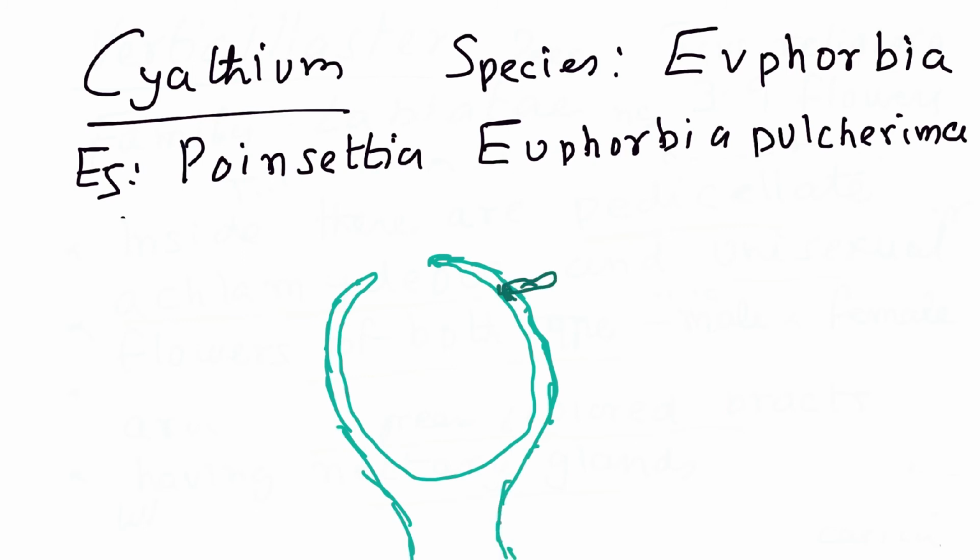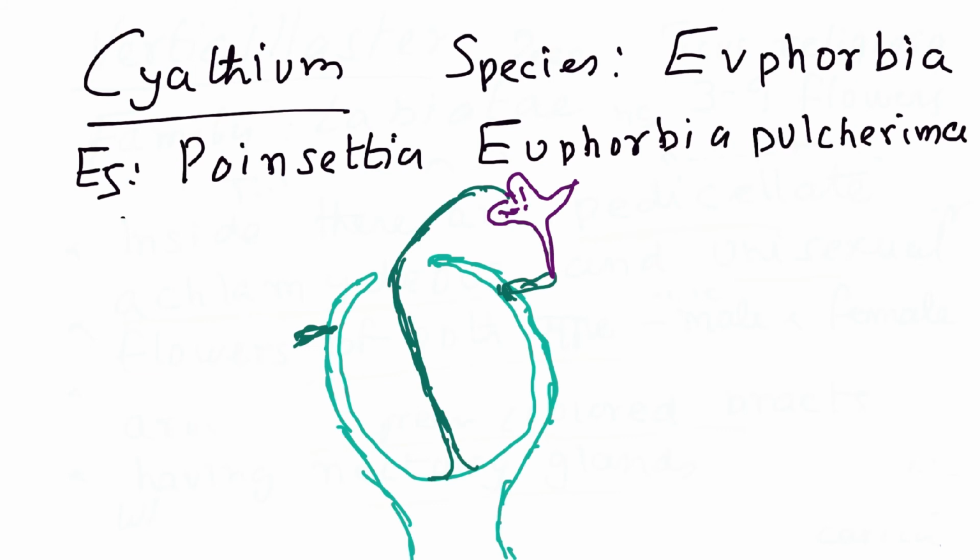As I already stated, if you have a look at this inflorescence, it doesn't look like a bunch of flowers, but one may feel that we are looking at a single flower. That's a very interesting point. In the middle of the inflorescence, there's a long development which actually is the female flower. That's a key point.